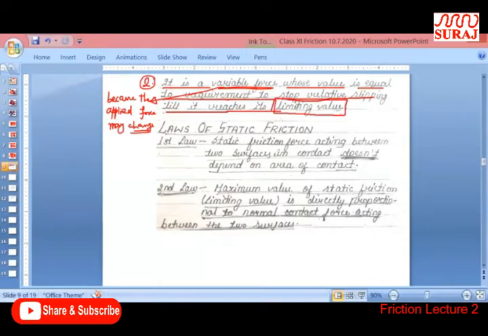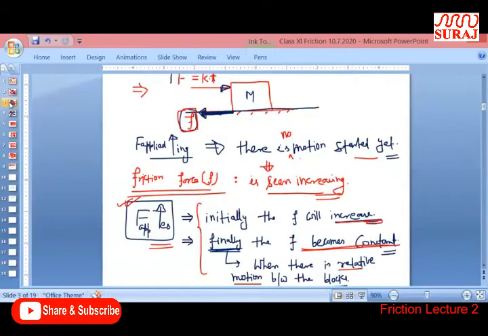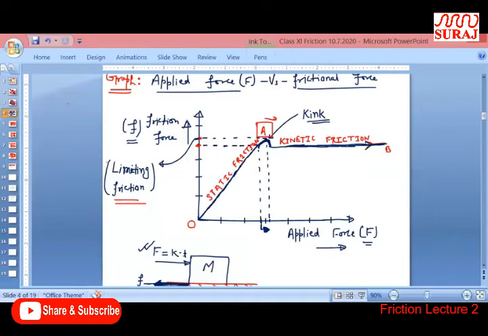If you remember the graph, then I have shown a point, the limiting value. What is that limiting value? It is actually when the block is about to move, okay, the block is about to move.